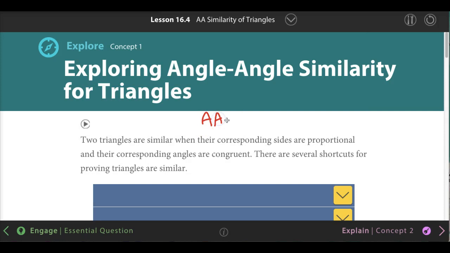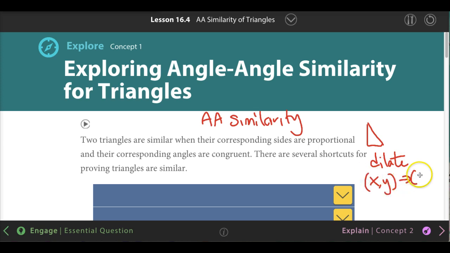And in case you don't understand, what is AA similarity? So we talked about similarity. We talked about when we have a shape and then we dilate it. When we dilate it, that means we're going to multiply the x and the y by the same number. It could be like 3x and 3y.